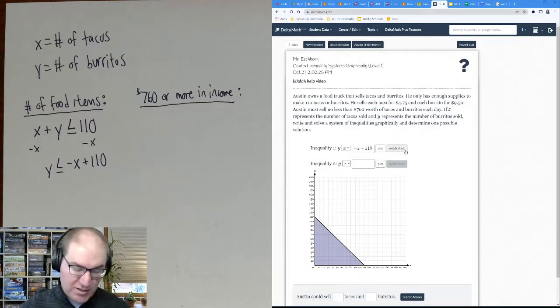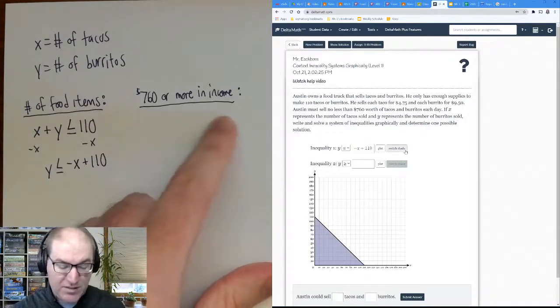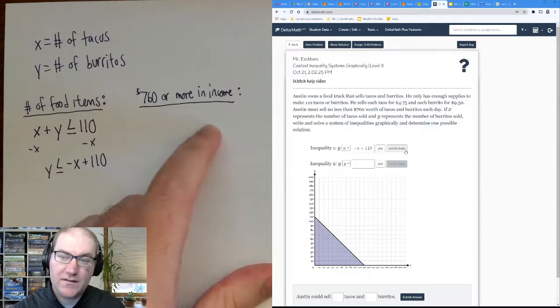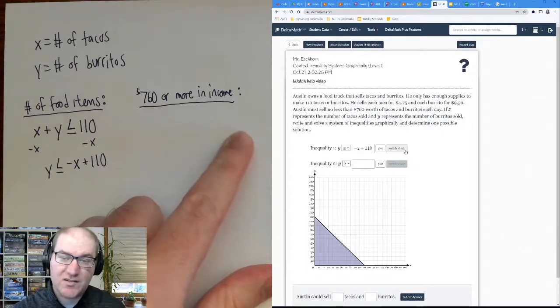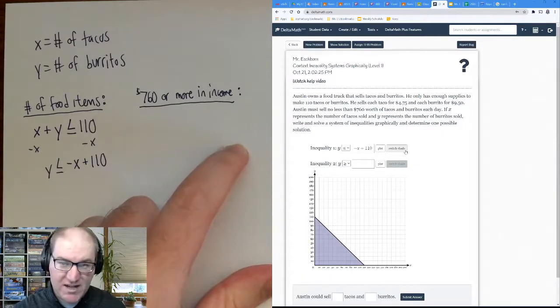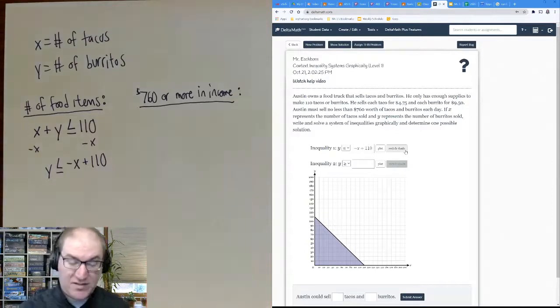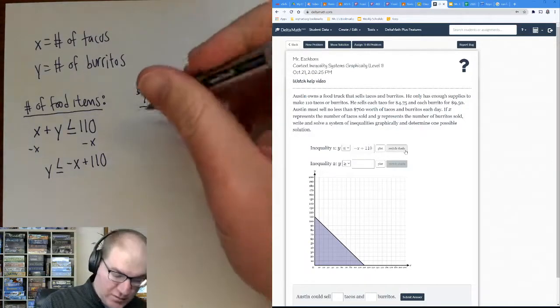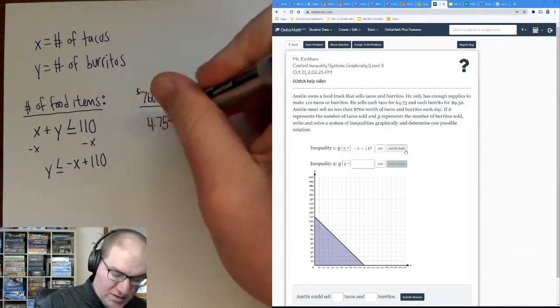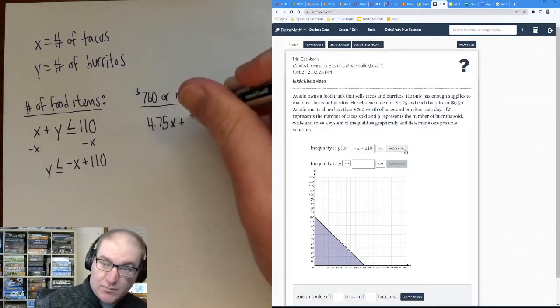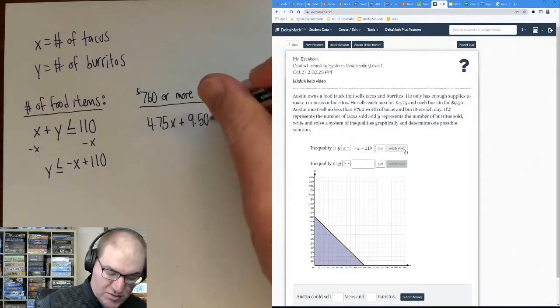All right, inequality 2 is going to deal with the fact that he must make more than $760. Actually, it says no less than $760, so he could make $760 here. So tacos are $4.75 each, plus burritos are $9.50 each.